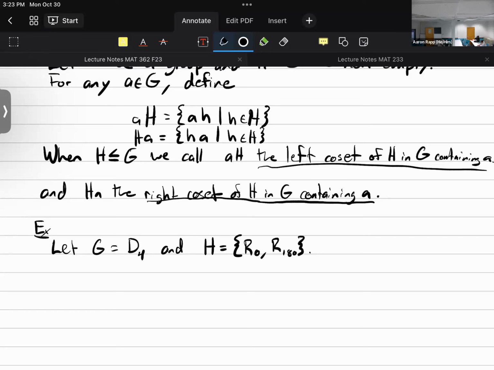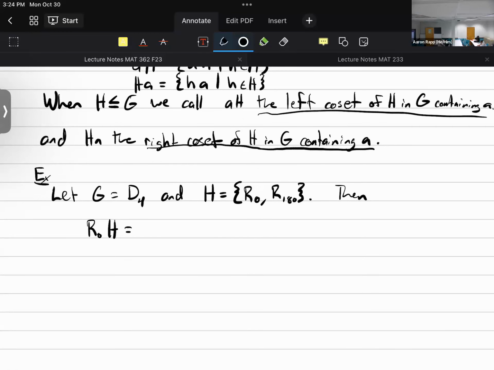We're going to let that set H, which is also a subgroup of G, be the set containing no rotation and rotating the corner of the square by 180 degrees. And we're going to just figure out what a bunch of these cosets look like.